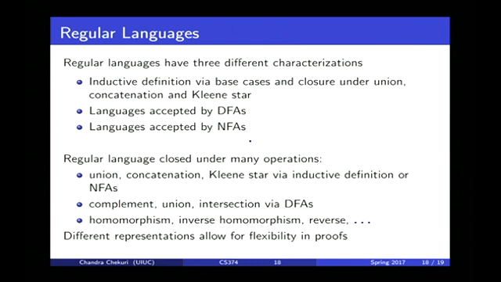We already did complement, union, and intersection, and the proof was easy via DFAs, while union, concatenation, and Kleene star were easy via the inductive definition or via NFAs. There are many operations you can define on languages: homomorphism, inverse homomorphism, reverse. Regular languages are very beautiful because they are closed under many of these operations.